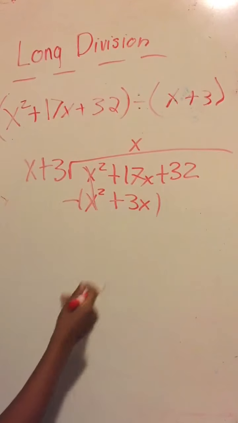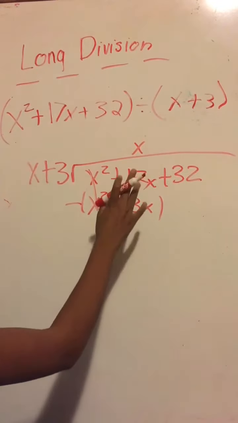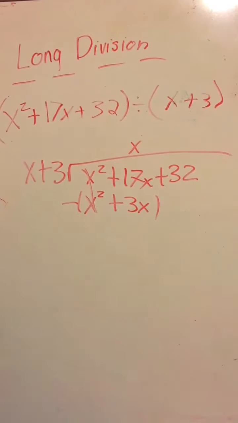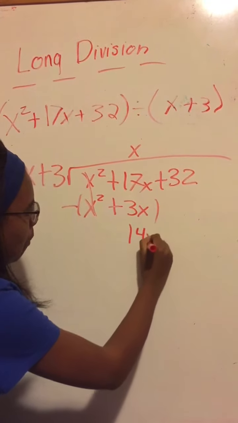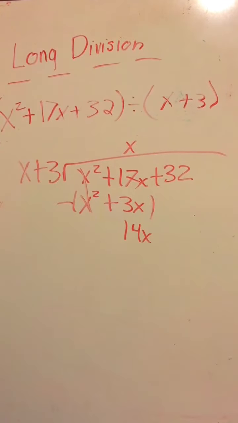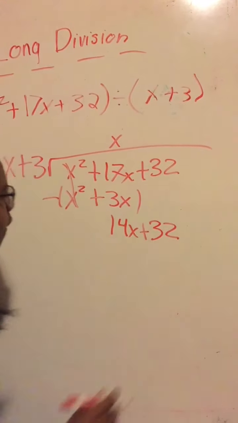Negative times a positive is a negative, so that's going to be minus 3, which 17 minus 3 gets you 14x, and you take the 32 and you bring it down, so that's plus 32.